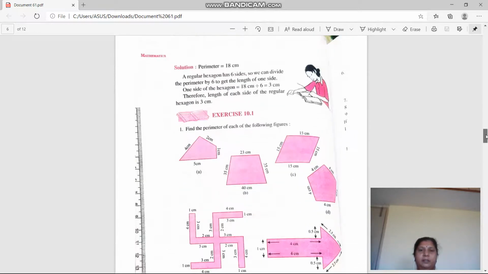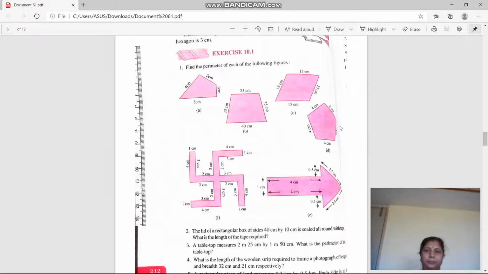So let's start discussing exercise 10.1. These are the easiest figures. Let's talk about these figures. I will discuss only figure F. It is not a geometrical figure. So how can we calculate its perimeter?